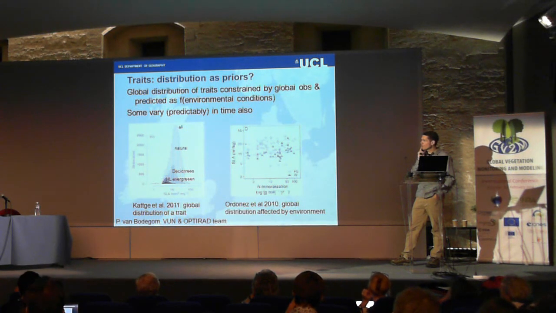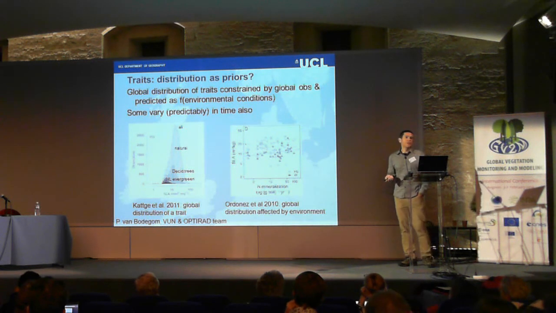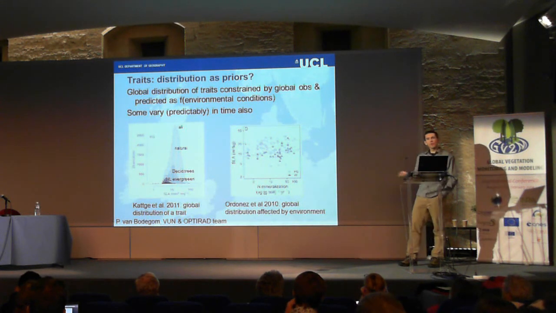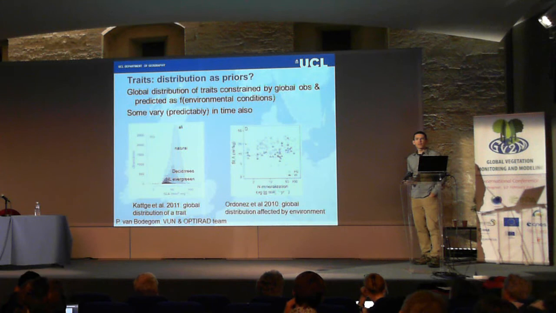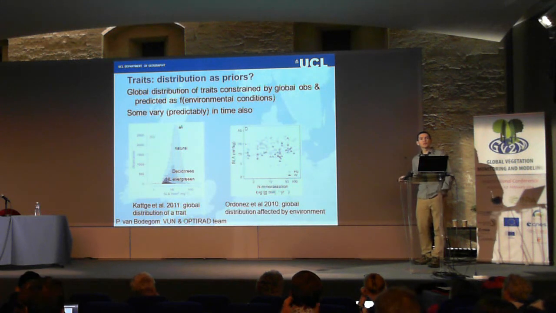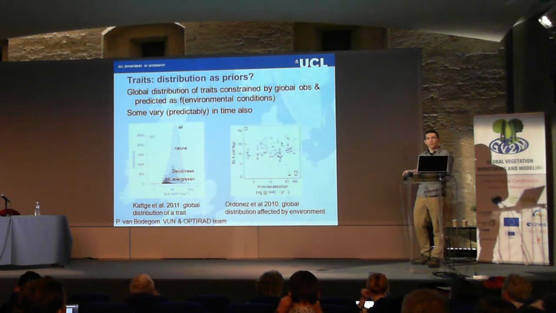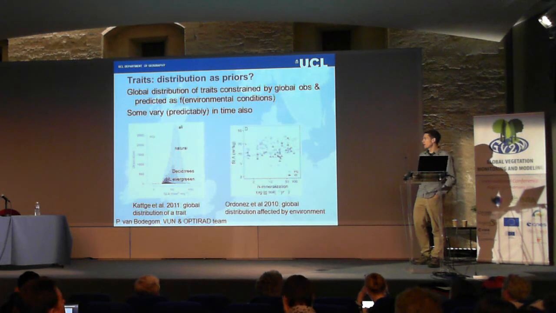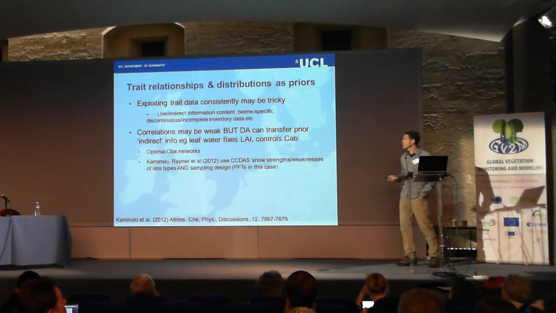There's the slide that's already been seen a couple of times this morning, and this within and between plant functional type variation that is available from the TRY database approach. And I think that's a very powerful tool to enable us to start putting some constraints into data assimilation schemes that we haven't really utilised fully at the moment.